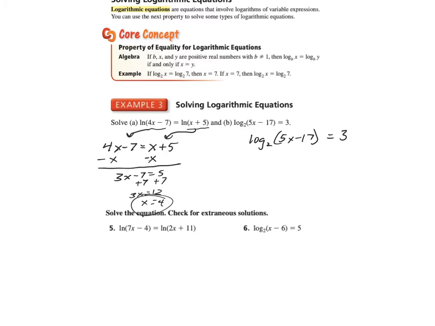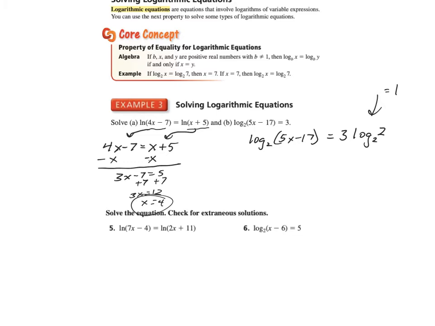I can write the number 1, or I can remember there's a fancy way to write the number 1 based on logs. I'm going to put right in here log base 2 of 2. Why can I just write that down, 3 times log base 2 of 2? Does that change the value of the right side? The answer is no. Why? Because we know that log base 2 of 2 is equal to 1, and multiplying the right side by 1 doesn't change anything.